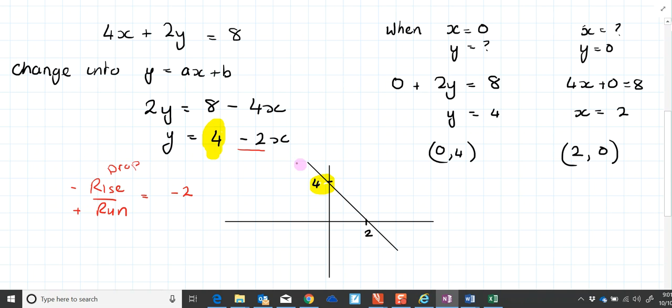So we start at this point and go across 1. How far do I drop? 2. So the next coordinate would be at 2. If I go across another 1, I would drop another 2, and that just happens to be where it's on the axis. So I can plot it in that way.